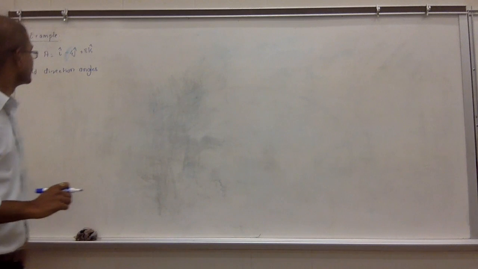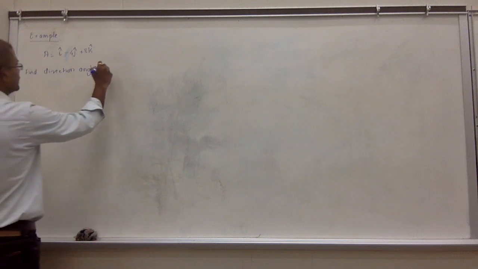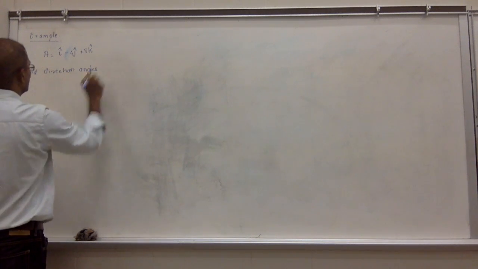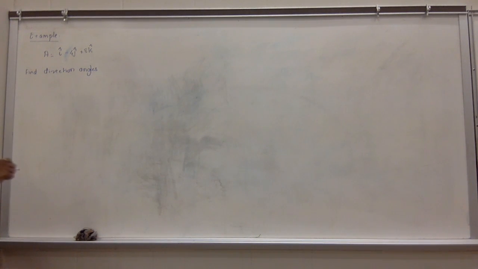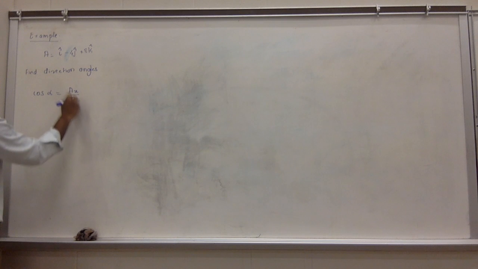So you have this vector, and if you're required to find the direction angles or direction cosines, how do you find them? Cos alpha equals a sub x over a.